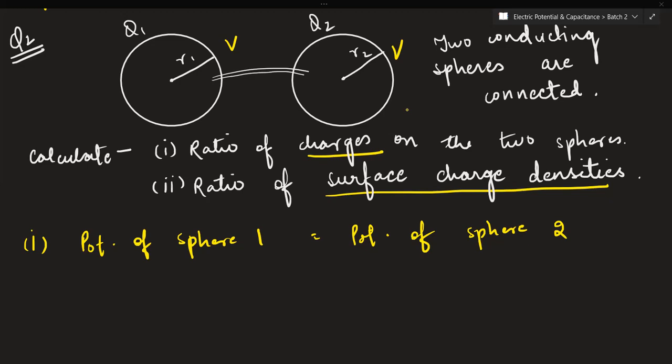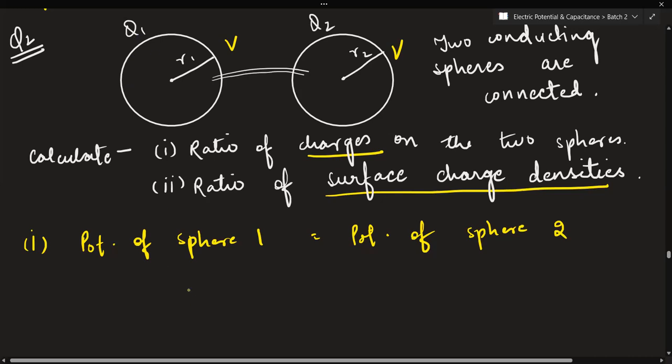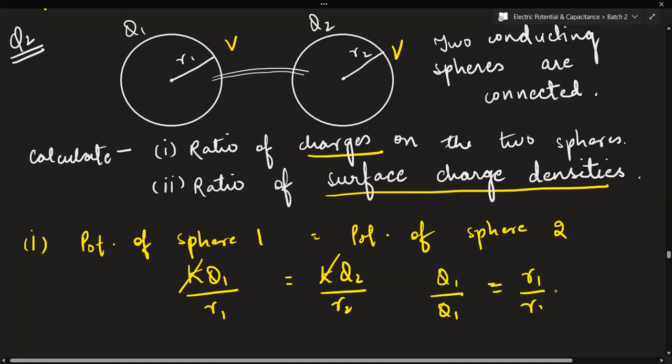Potential's formula is KQ by R. So if you have Q1 and R1, that becomes K Q1 divided by R1. Now, Fatima, tell it for the second sphere. K Q2 by R2. The constant, that is 1 over 4 pi epsilon naught, or even if I write it as K, will get cancelled. And I want the ratio of the charges, meaning Q1 by Q2. Q1 by Q2 is coming R1 divided by R2. So this is your final answer.